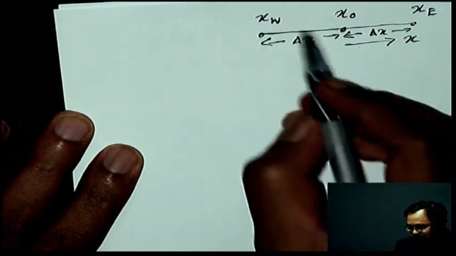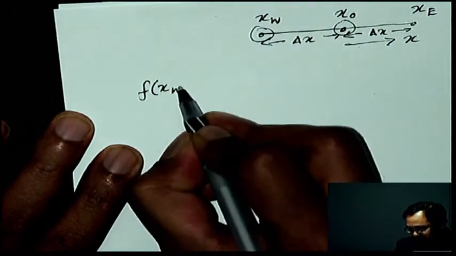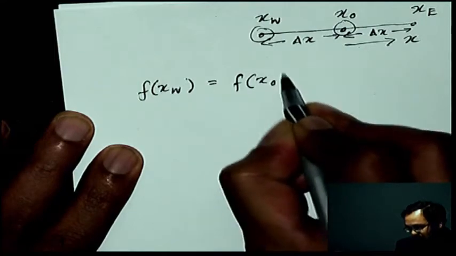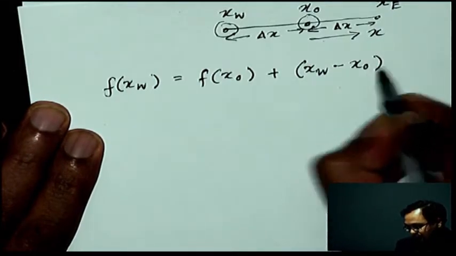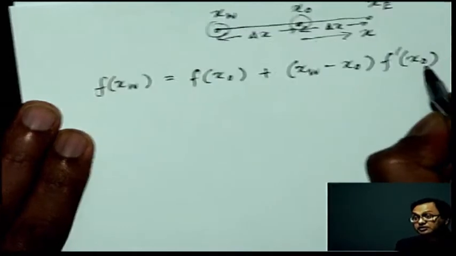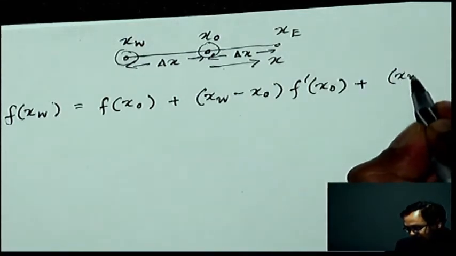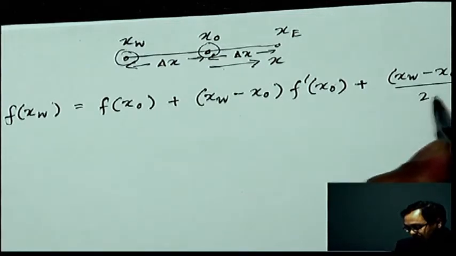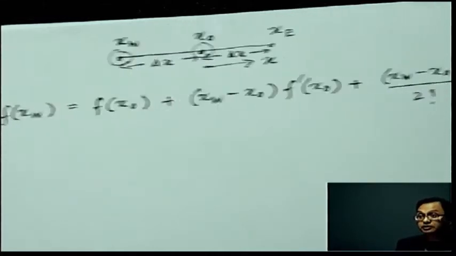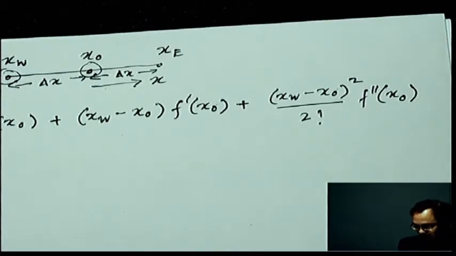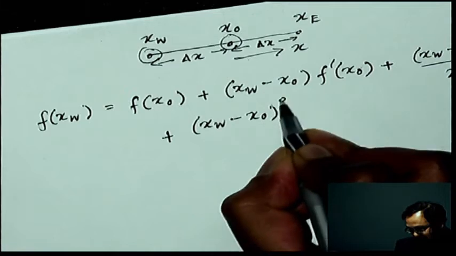So, the Taylor series expansion tells us, suppose I want to expand this point about that point. What I'm going to say is f at xw is equal to f at x naught plus xw minus x naught times f dash at x naught, plus xw minus x naught squared over 2 factorial times f double dash at x naught, and then you can have other terms here, and so on.